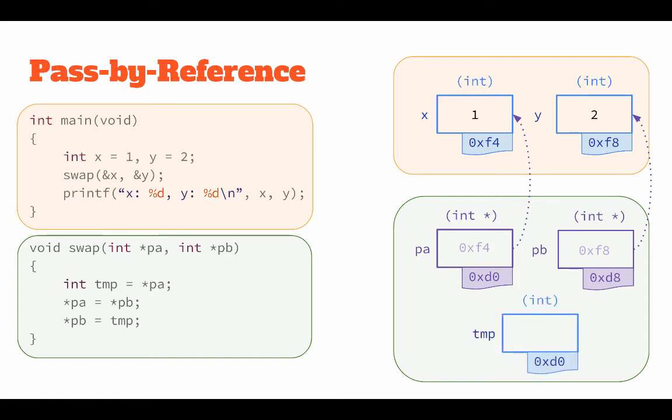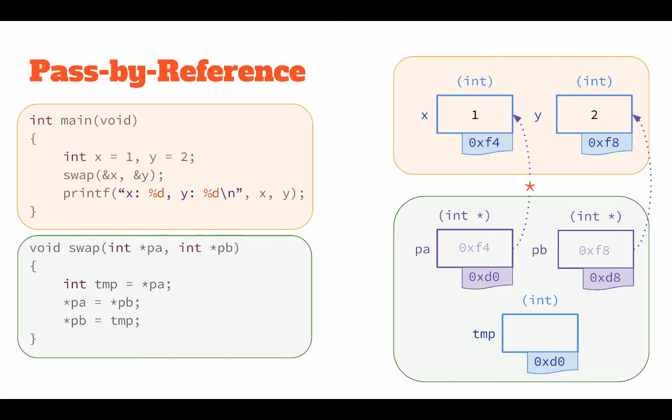Okay, so let's look now at the first line of the swap function when we say int temp equals the value of PA, or star PA. What we're doing here is we want to find the value of the pointer A. So star PA, that means we follow the pointer along.